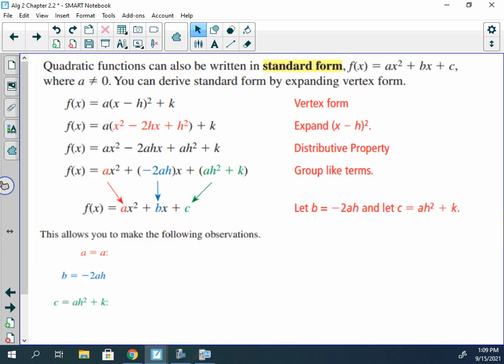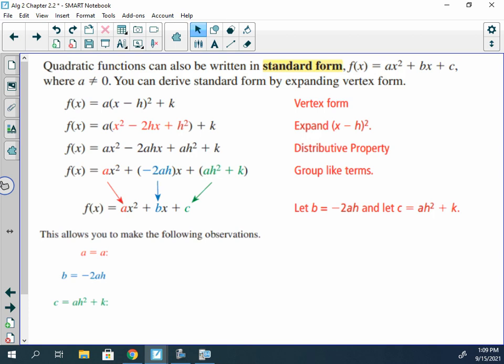Okay. Now, what this is showing us here, this next piece, is that we can really multiply that out. The x minus h squared, so we can multiply it by itself and rewrite it down. Now, what this ends up giving us is what they call standard form. The standard form, y equals ax squared plus bx plus c.